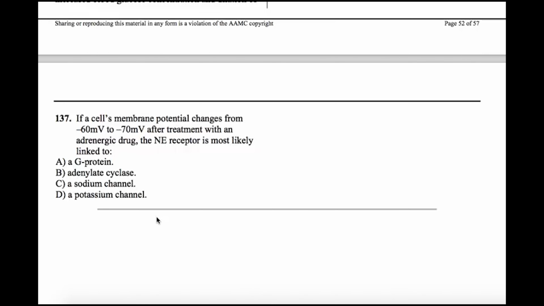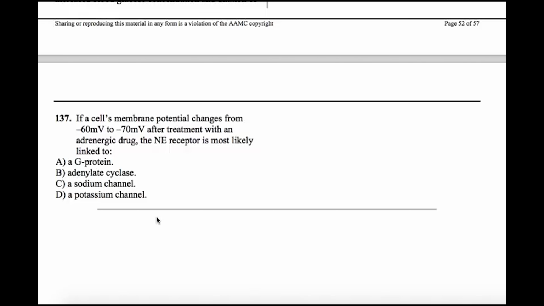C, a sodium channel. Usually what happens is a neurotransmitter binds to a receptor and a channel is opened, okay? So let's just assume that in a simple case, that's what's going on. So if you have norepinephrine binding and a sodium channel is open, what happens generally, without even thinking about norepinephrine?